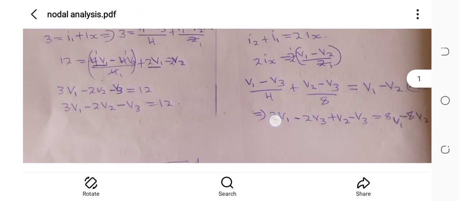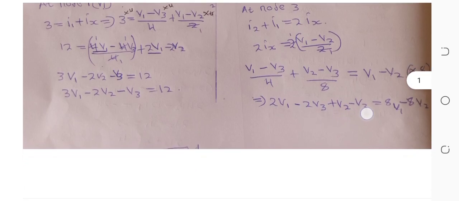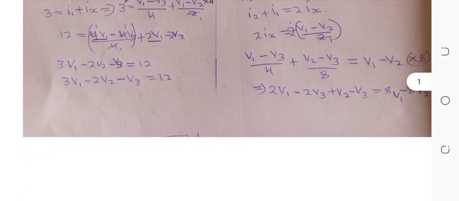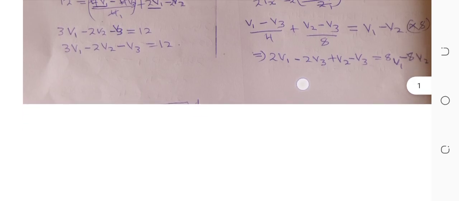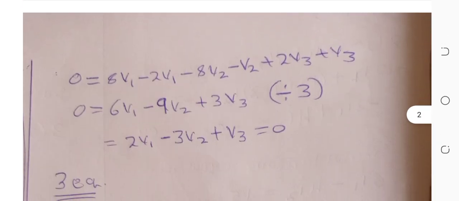Then we multiplied by 8 as the LCM. That's when we have 2V1 minus 2V3 plus V2 minus V3 is equals to 8V1 minus 8V2. So we have the equations here.